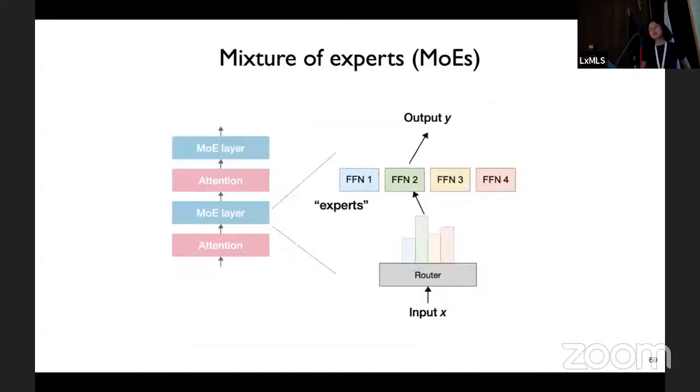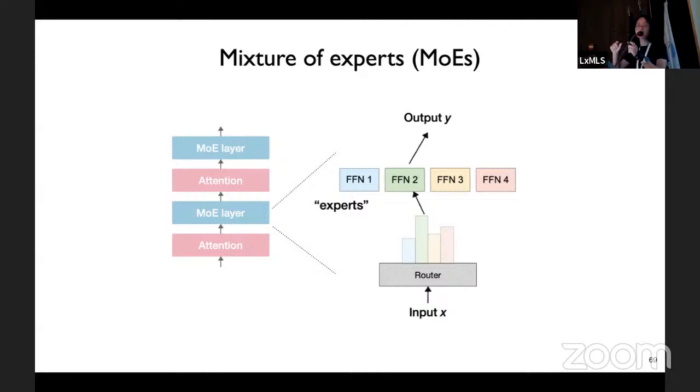And finally, I want to mention another really major development in the last couple of years, the mixture of experts models. Compared to the original transformer architecture, the key difference is this. On the left, in the standard transformers, we have the multi-head attention layer, followed by the feed-forward layers, followed by another multi-head attention layer.